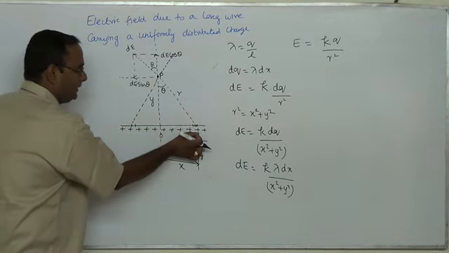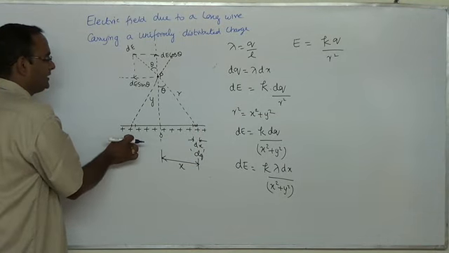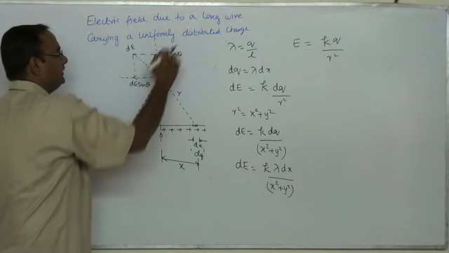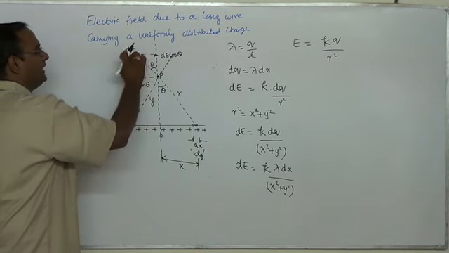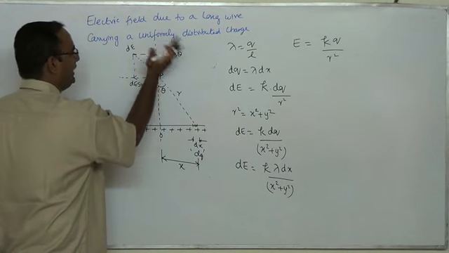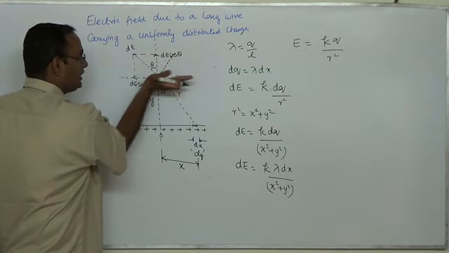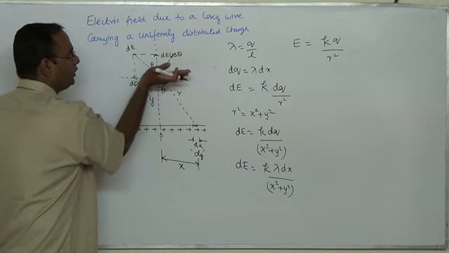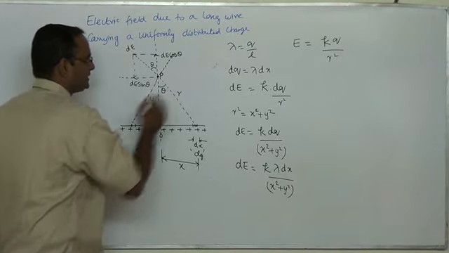So like the element on this side, if I take an element on this side, the electric field of that element will be along this direction similar to this dE, and that can be resolved into two components, dE cos theta here and dE sin theta along the opposite direction of this dE sin theta. There is one more horizontal component in this direction.